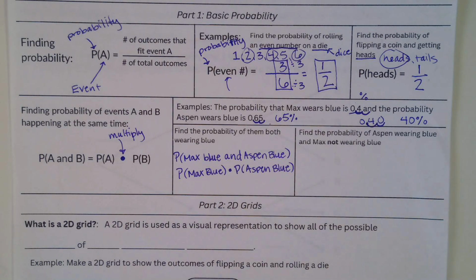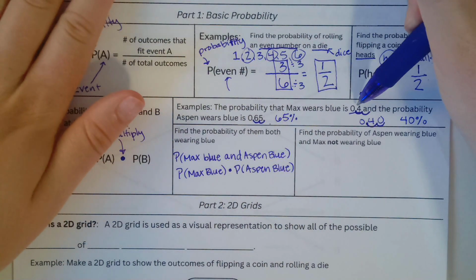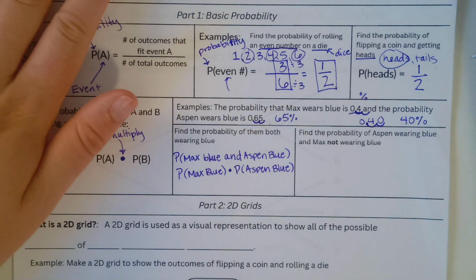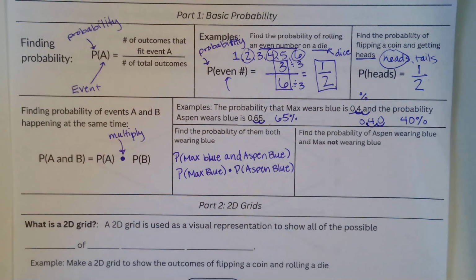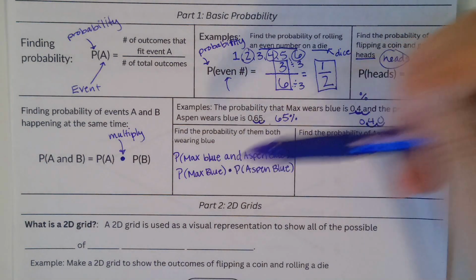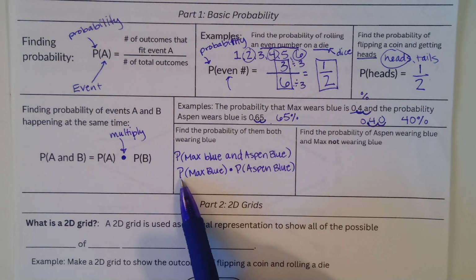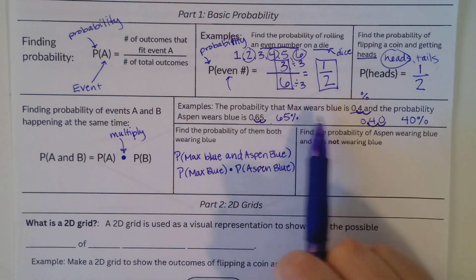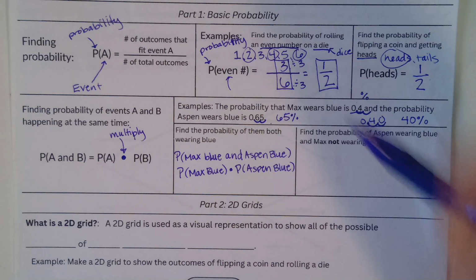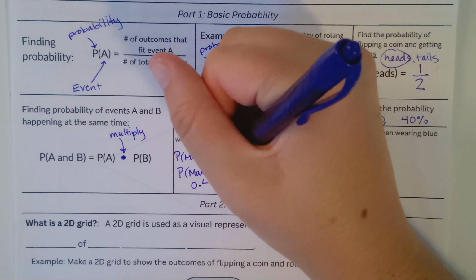So when you do these math steps, this is where you're going to want to use the decimals rather than the percentages. The percentages are just there to help you process what that actually means. The decimals are for the actual math part. In this case, this 0.4 and this 0.65 is what I'm going to use here. So we know that the probability of Max wearing blue is 0.4. The question tells you. So I'm just going to write that underneath, 0.4.